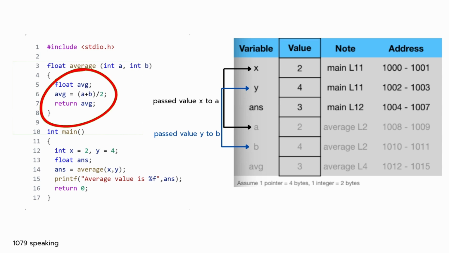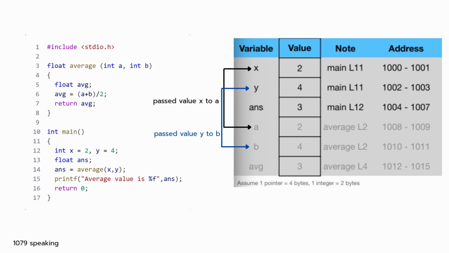It calculates (a + b) divided by 2, which gives 3, and returns that value back into the main function. When the function finishes, a, b, and avg are destroyed because they exist only inside the function. Back in main, the result 3 is stored in ans, and that's what gets printed as the final output.